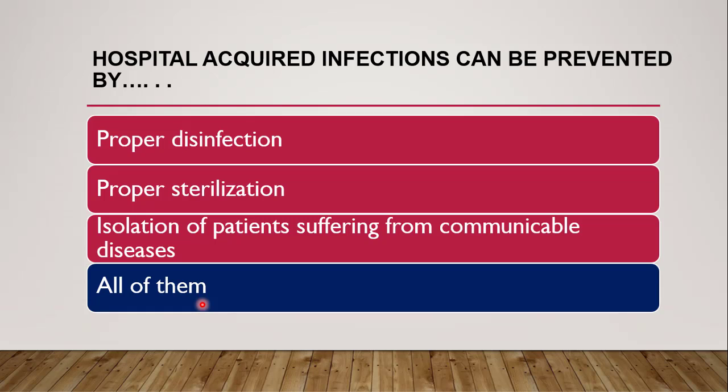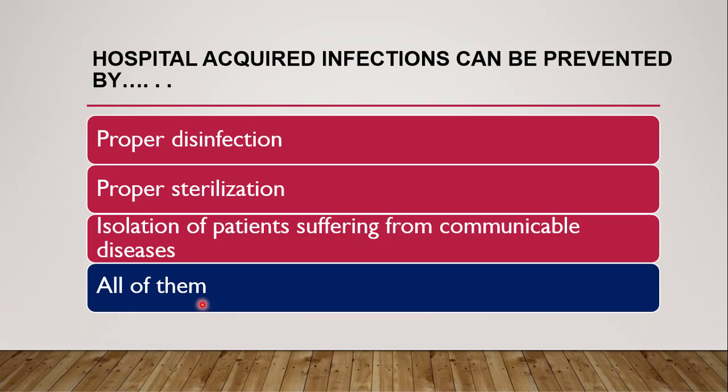Why? Because as the name suggests, hospital acquired infections are nothing but infections which are acquired through the hospital. That means when a patient gets admitted to a hospital or any healthcare center, that patient acquires a disease which they did not have earlier.